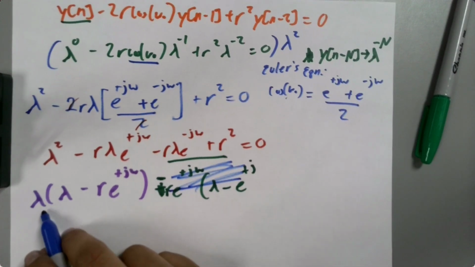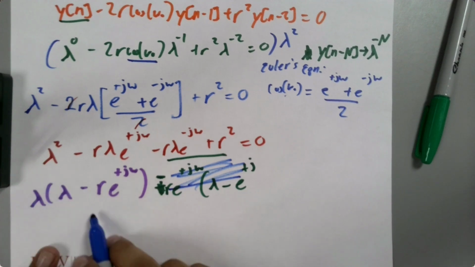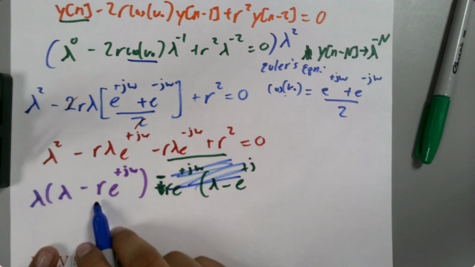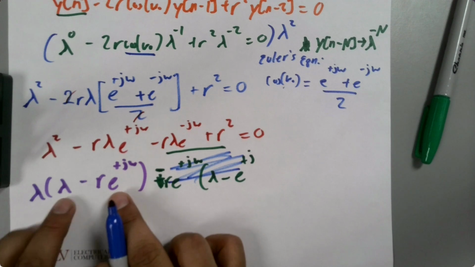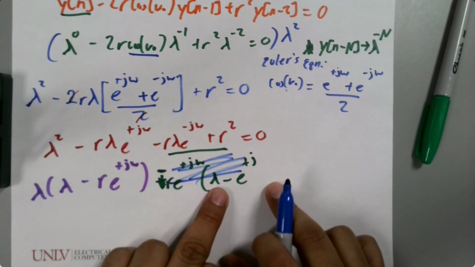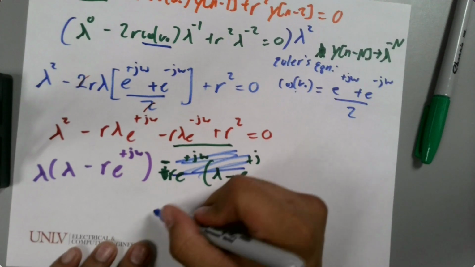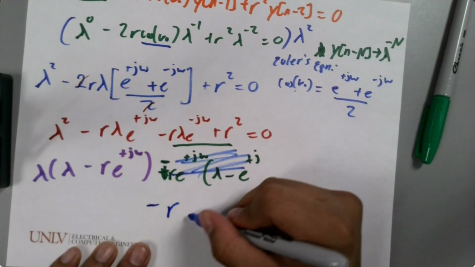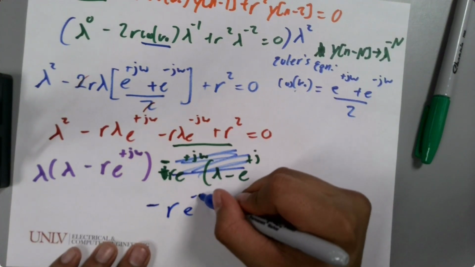So right here, I'm pulling out a lambda. And our resulting thing is here. What I'm trying to do is get this to mirror here. So what I need to pull out is the negative frequency, minus r e to the minus j omega.